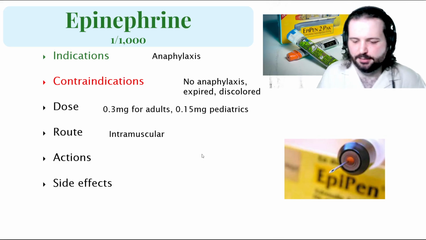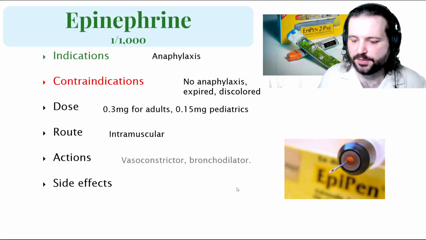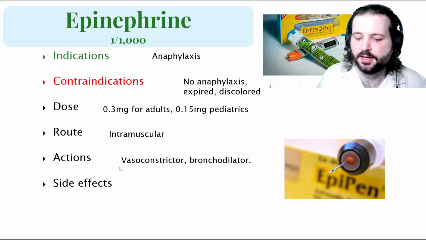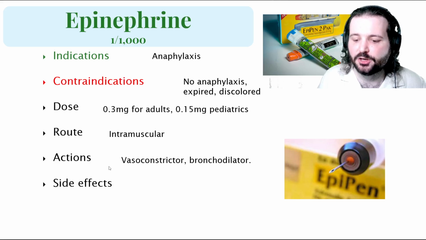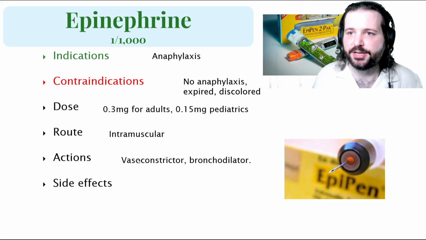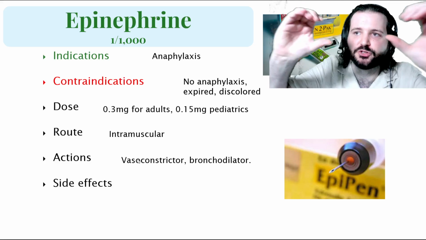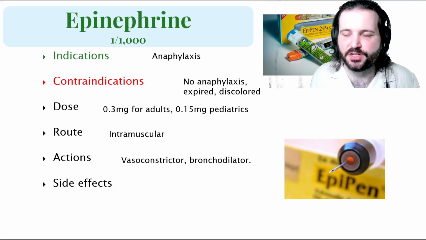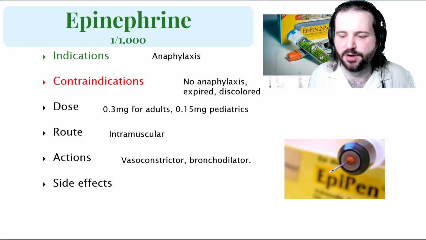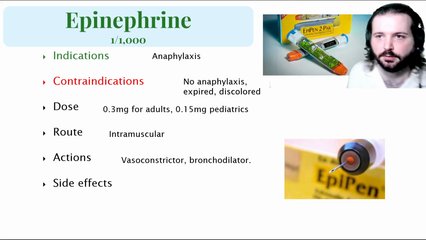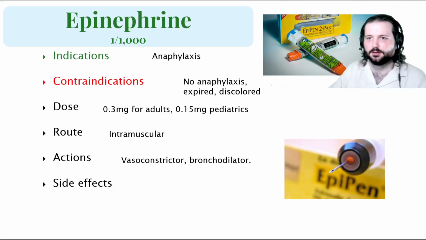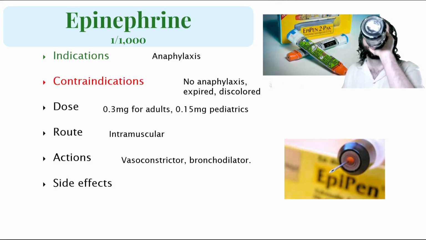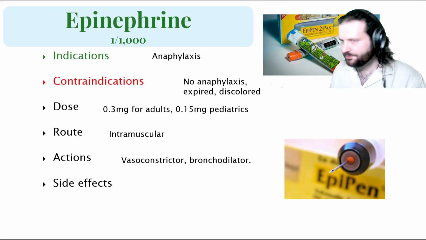Now, I described the actions a little bit earlier, but these are the medical terms for them. The actions are, it is a vasoconstrictor. It makes our blood vessels, our veins, and our arteries get smaller, constrict. And a bronchodilator. Does anyone want to try to guess what a bronchodilator means? Exactly, Zoe.